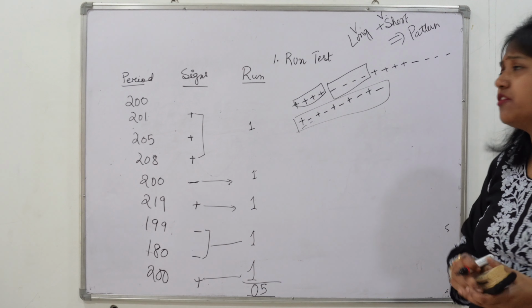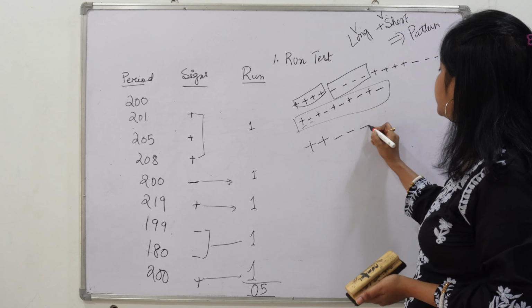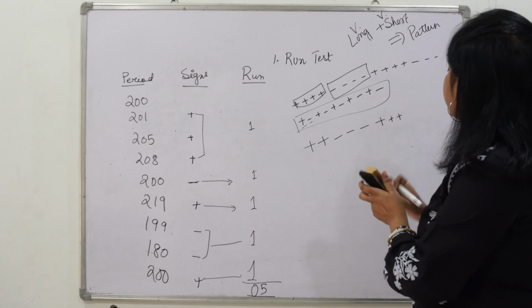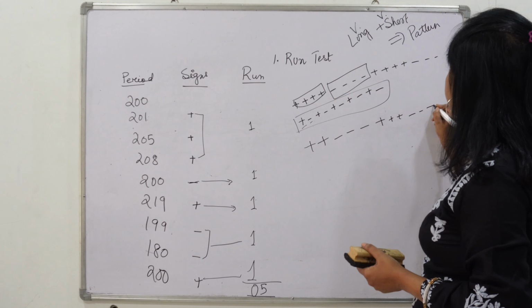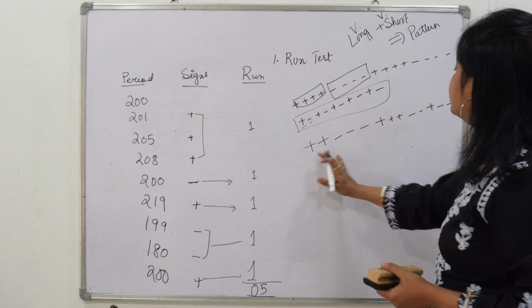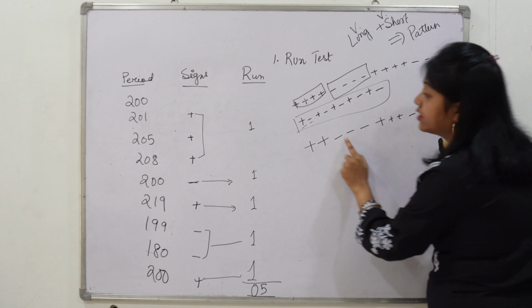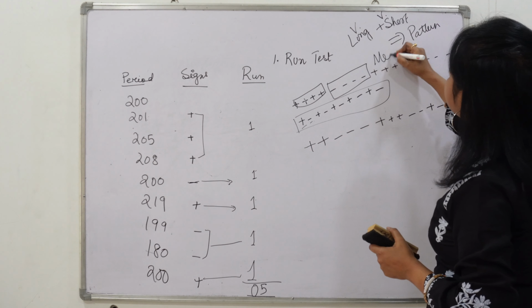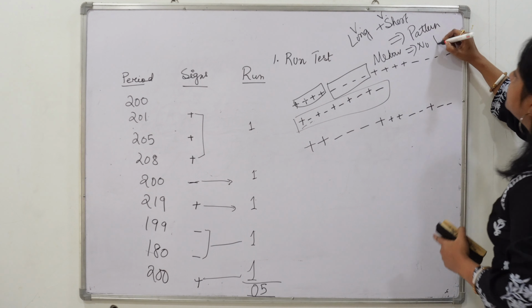Now what does this mean? Even if it is not clear, I'll give you another example. Plus, minus, plus, say plus, okay, plus, minus, minus. See here, the run is not as long as this and it's not as short as this. It is medium. So when the run is medium, there is no pattern. How can I say a pattern is there?